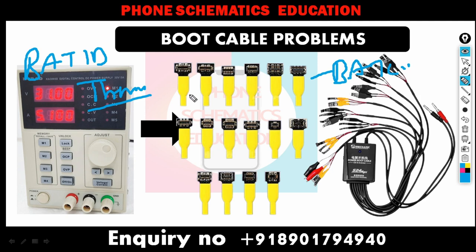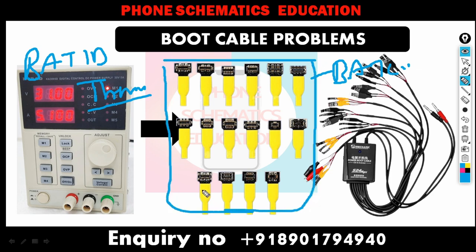But the issue is here with the boot cable. There are 15 to 16 connectors, right? On a boot cable, the company claims these connectors work on 4,000 plus phones. Suppose a connector works on almost 200 plus phones.